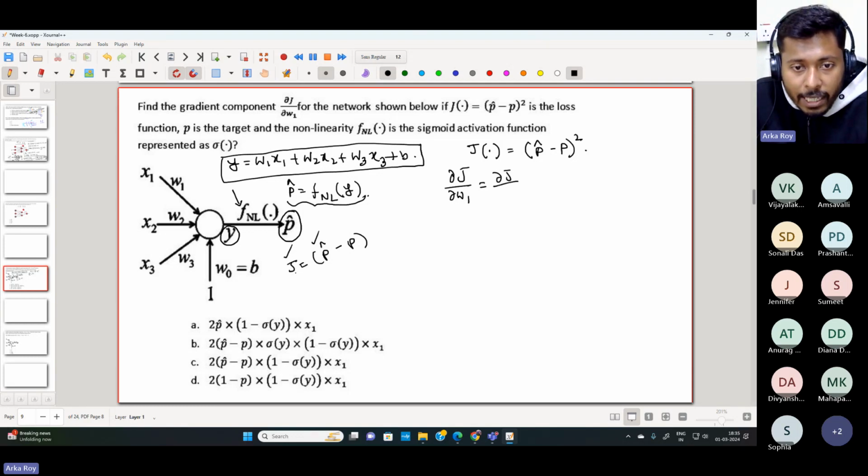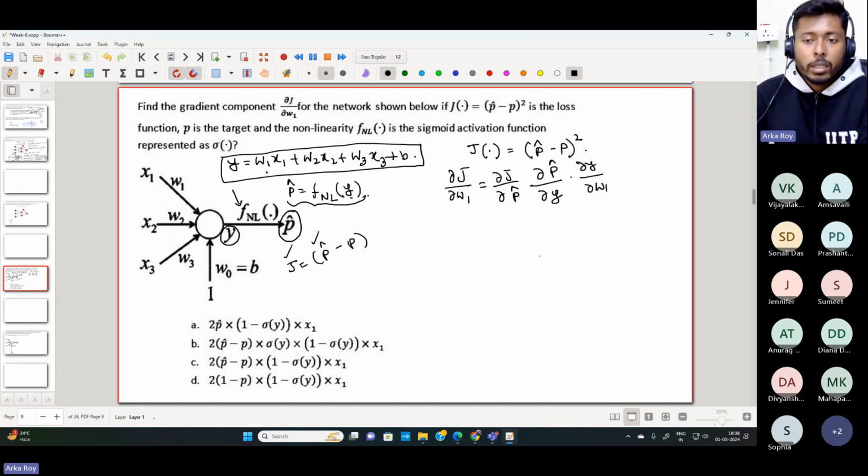First we need to take the derivative of J with respect to p hat. Then you can see that p hat is made up of y, so del p hat by del y, and then y is made up of w1, so now you can take del y by del w1.